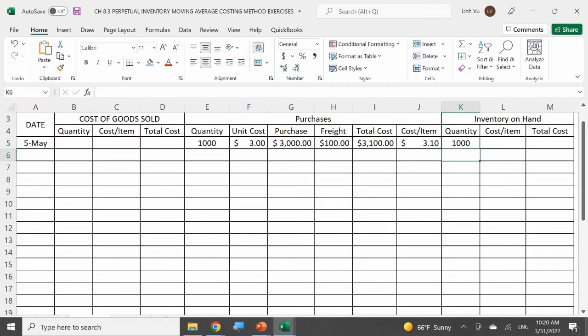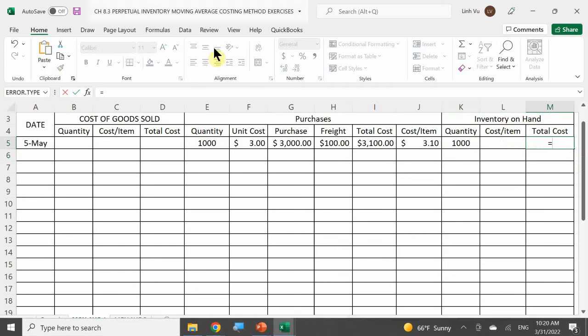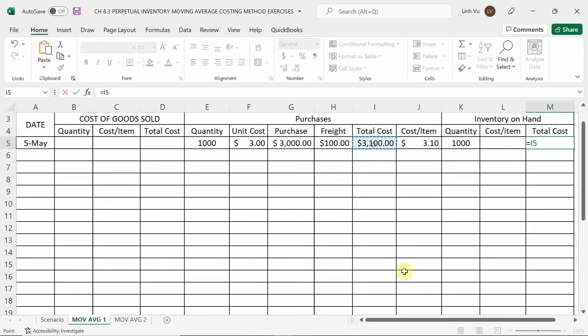Okay? Now, this is where I need you to keep in mind. The way that I'm going to put the formula in here is I'm going to have my quantity, but I'm also going to have my total cost here. All right?